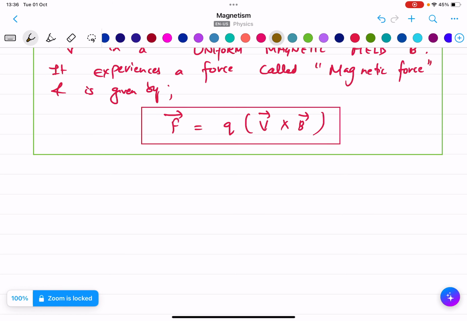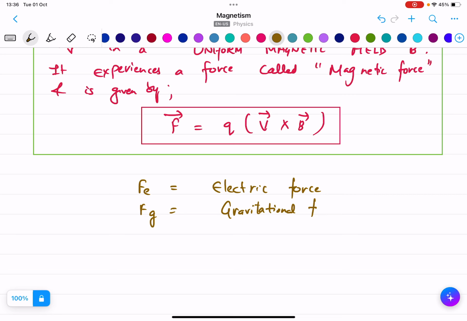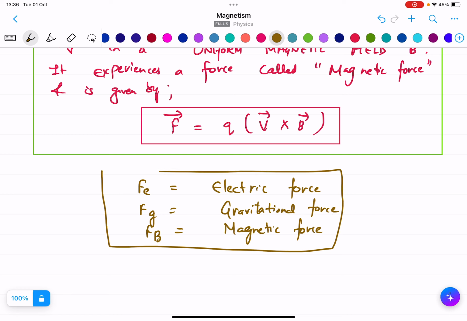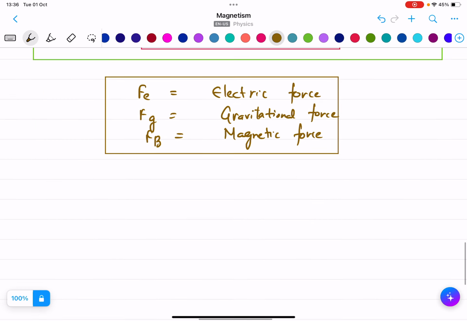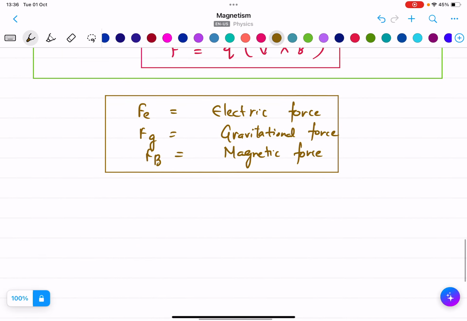When it is written Fe, that means I am talking about electric force. When it is written Fg, that means gravitational force. And when it is written Fb, that means magnetic force. Okay, and you all know the scalar product and the cross product.